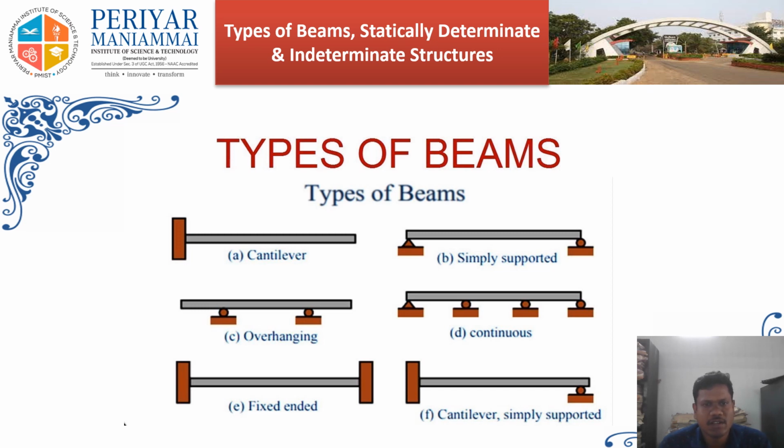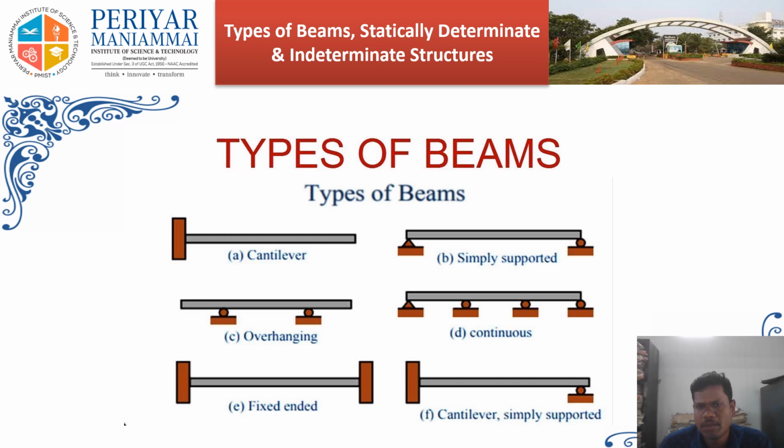We can see that in the cantilever beam, one end is fixed and the other end is free. In the simply supported beam, both ends are simply supported or hinged. In the overhanging beam, there are some portions which extend beyond the support of the beam.